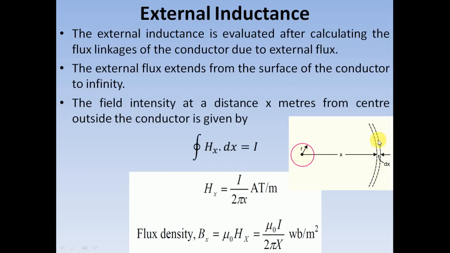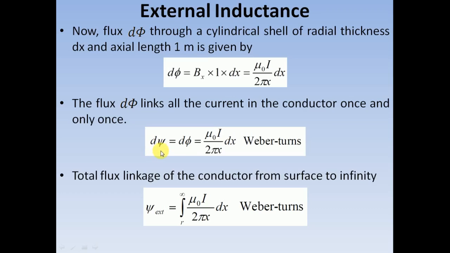As the flux flowing through the cylindrical shell links completely with the current flowing through this conductor, the value of flux linkage in this case will be the same as the flux flowing through this cylindrical shell. So the value of flux linkage is the same as the magnitude of flux, which is derived here as nu0 I by 2 pi x dx.